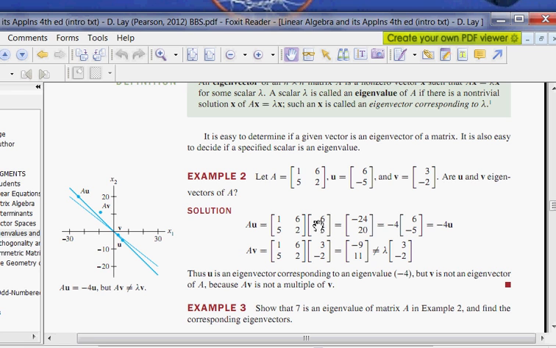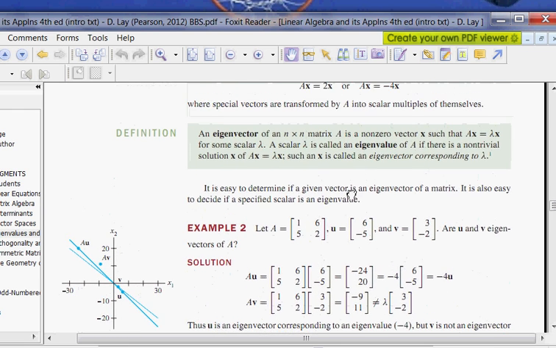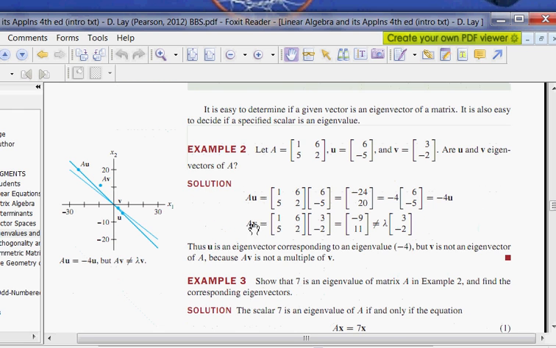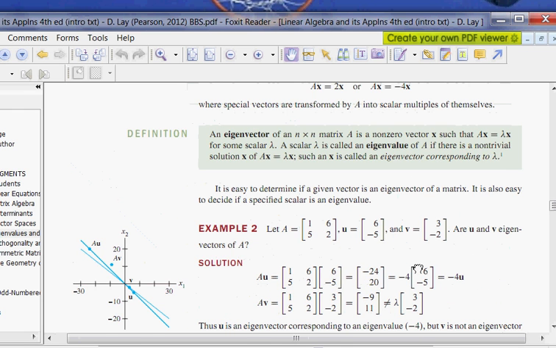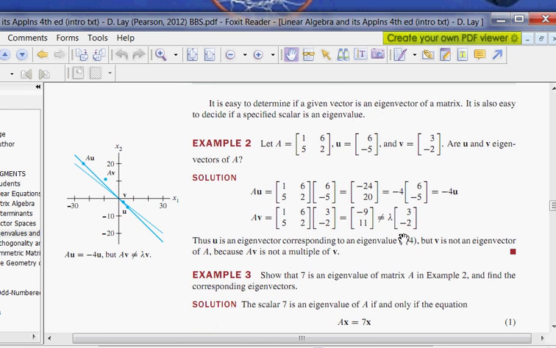So yes, minus 4 is an eigenvalue, and 6 minus 5 is the corresponding eigenvector. You do AV, you see there's no lambda that satisfies our condition specified in the definition, so there's no eigenvalue here. That's all you needed to know.